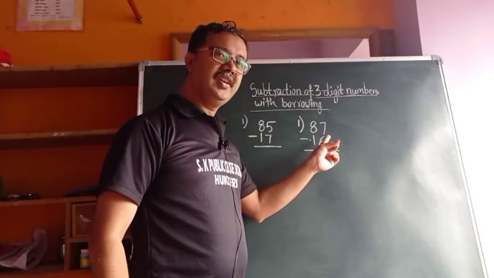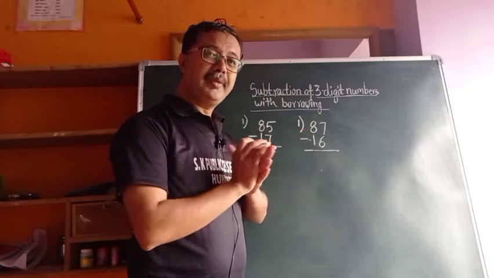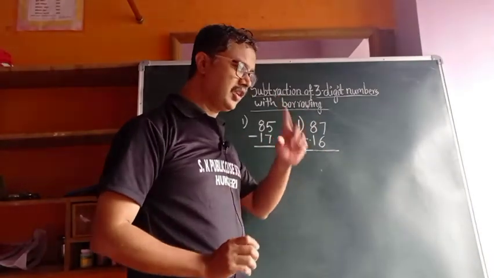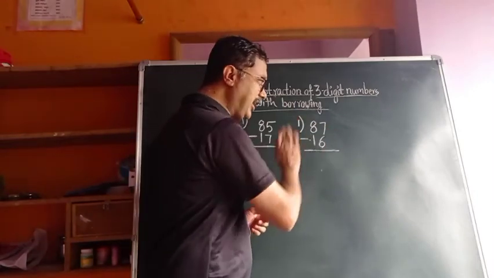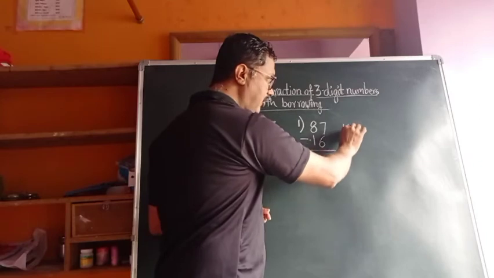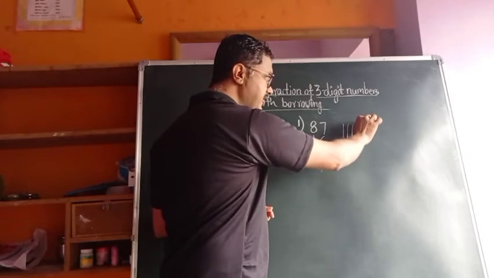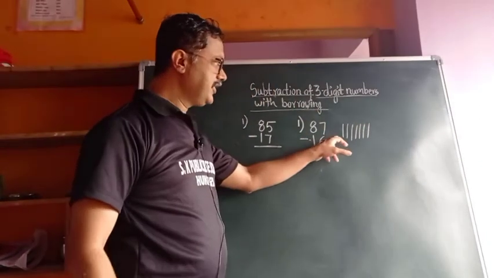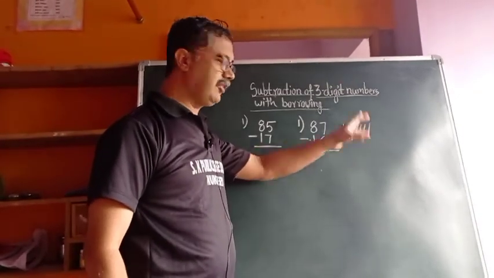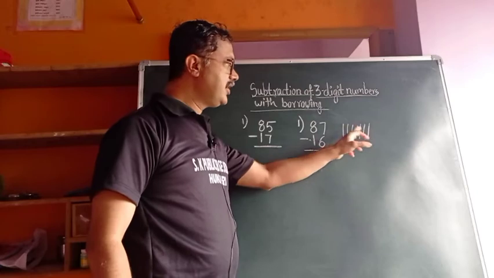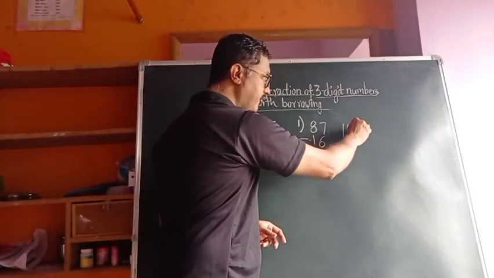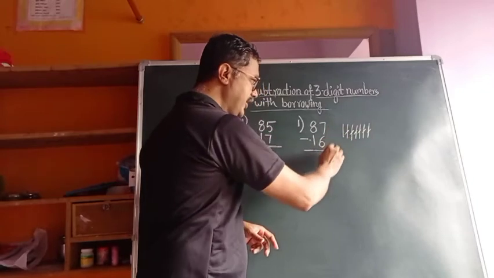And how many chocolates are remaining with you? 1 chocolate. Yes, simple subtraction. 7 minus 6, we draw 7 lines. That is the stick method. 7 minus 6, 1, 2, 3, 4, 5, 6, 1 is remaining.